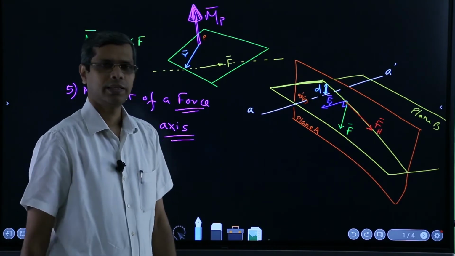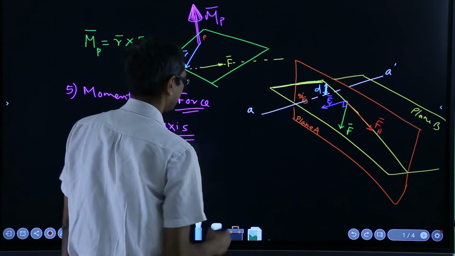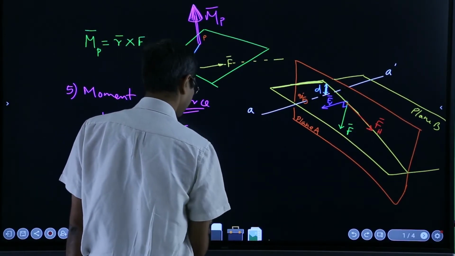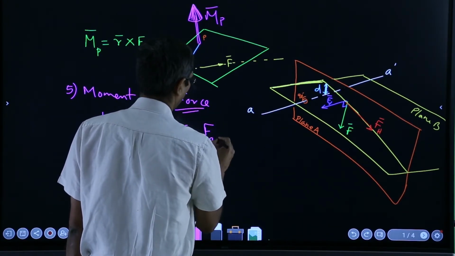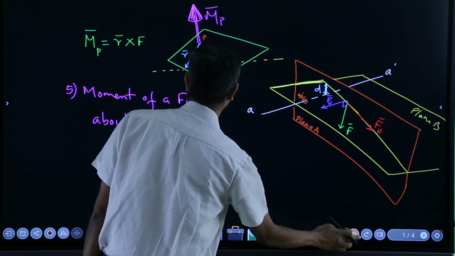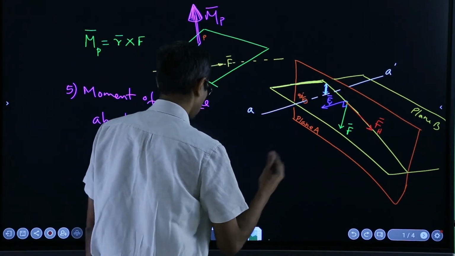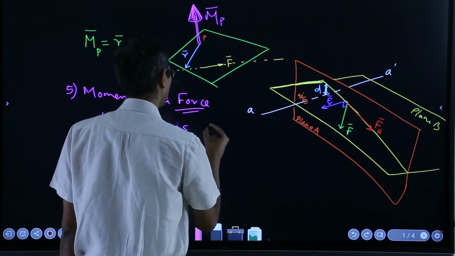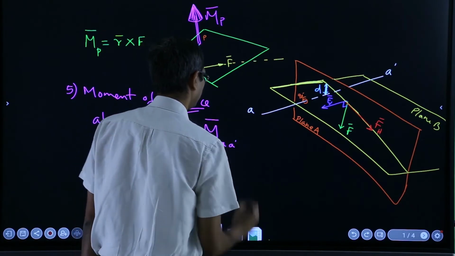Okay. Then this moment of a force about an axis, which I will denote, because it is moment, by M A prime.